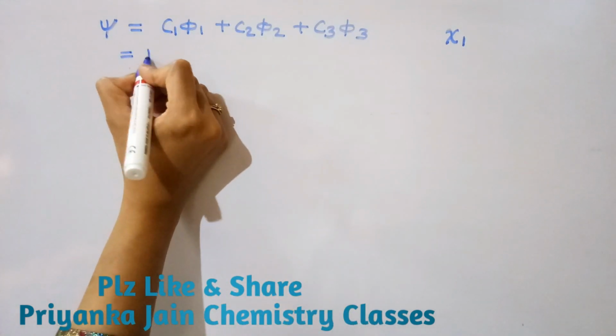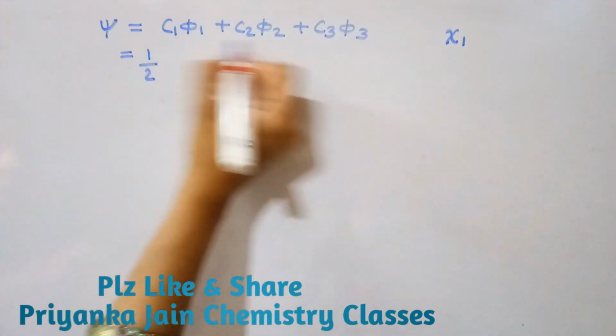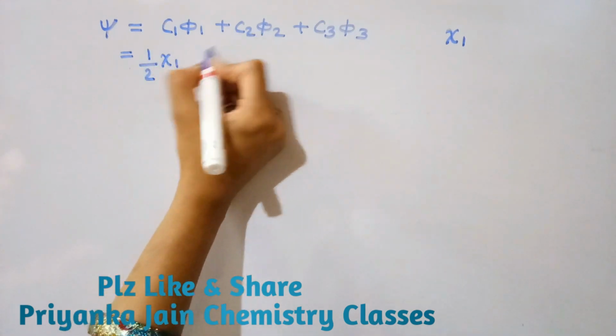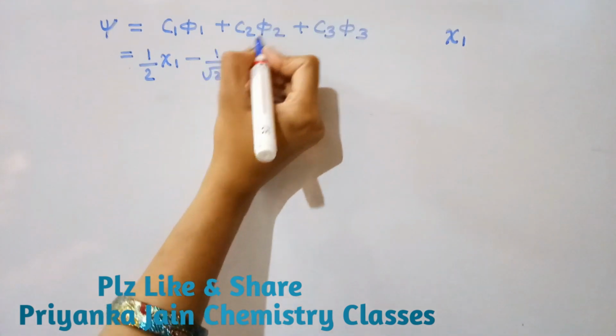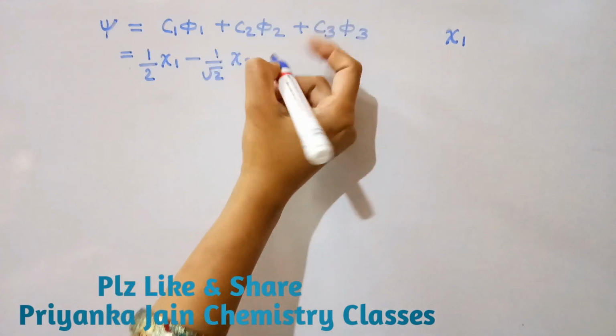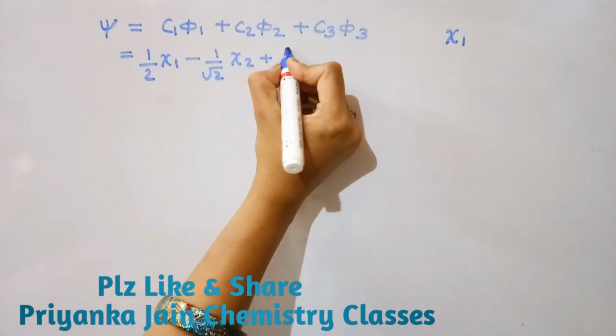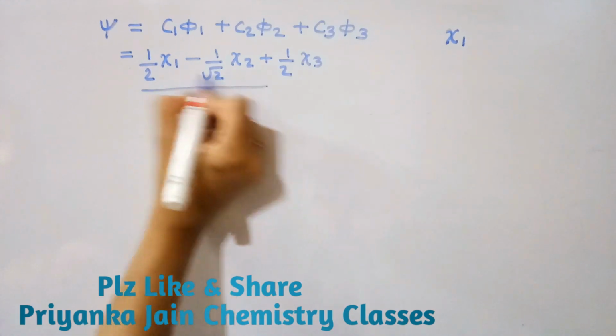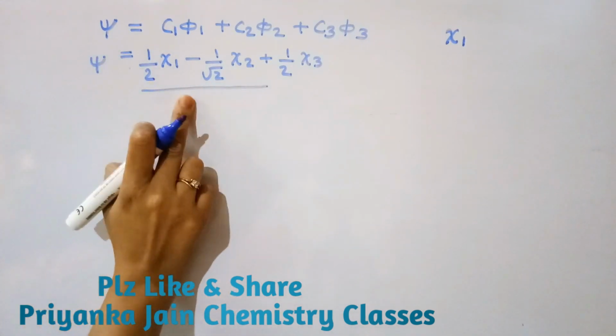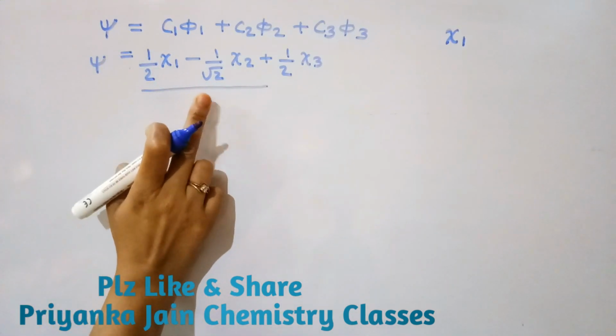This is equal to 1 by 2 chi1, then minus 1 by root 2 chi2, and then 1 by 2 chi3. So this was our wave function that was asked in the question paper. You can match that, option number C is the right answer.